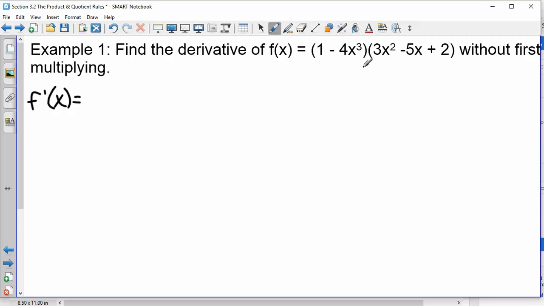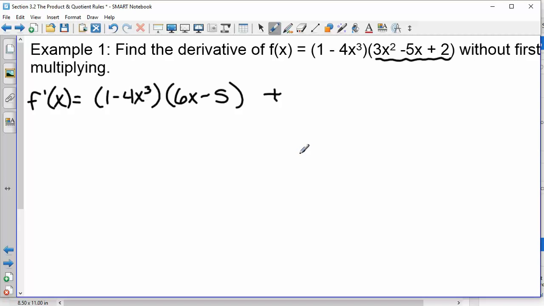we do one derivative at a time. It doesn't even matter which one we do first. So if I just kept the first one the same, times the derivative of the second one. What is that derivative? 6x minus 5.